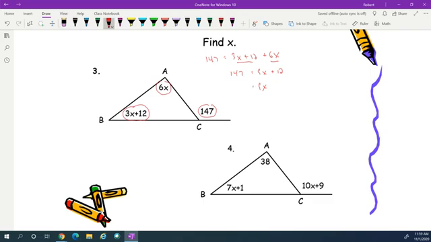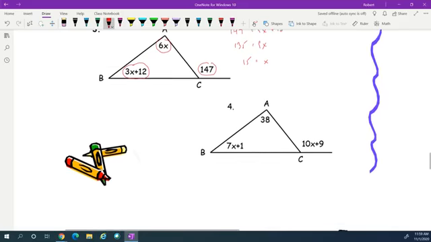So we're going to subtract 12 from 147 to get 135, and we're going to divide by 9. And we get 15. Now, we could plug it in. We could figure out all the angles, exact measurements. We can even find out angle ACB because it's a linear pair with the 147. So we can do whatever we're asked to do. This is just another rule or a shortcut that helps us do it.